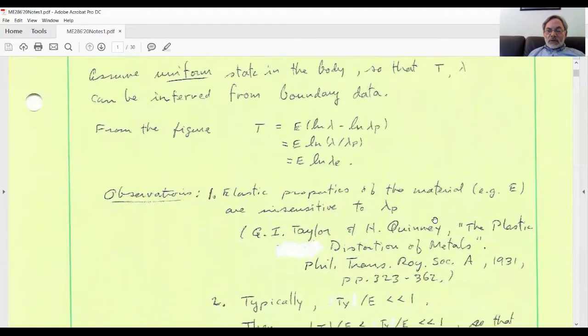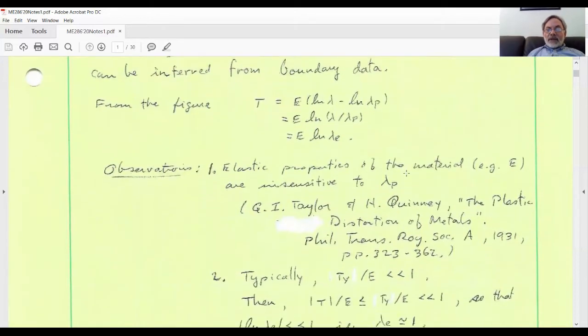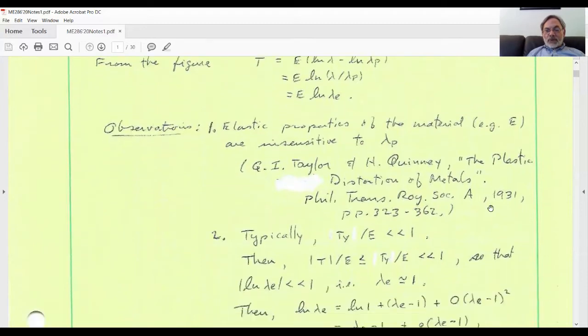However, this general notion that the elastic properties of the material are insensitive to plastic deformation is confirmed in famous experiments conducted by G.I. Taylor many years ago, 1931, in this very influential paper called The Plastic Distortion of Metals, published in the Royal Society.